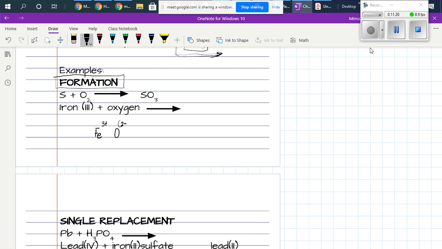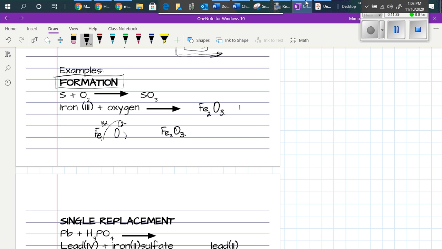So now if we switch the places, what we will have is Fe2O3. What is formed here is iron 3 oxide. The name for it is iron 3 oxide.